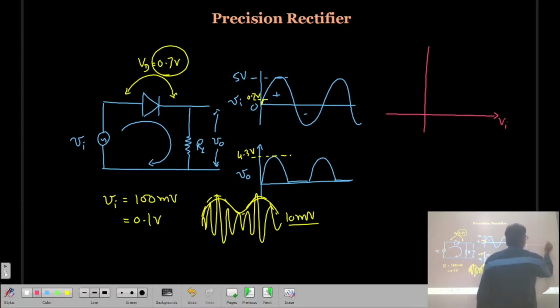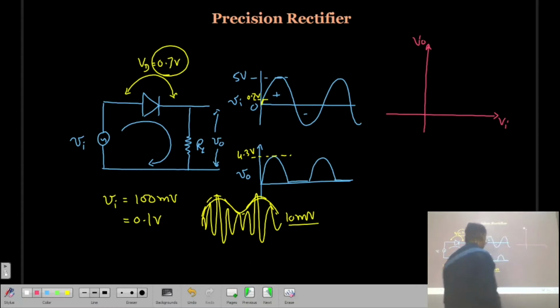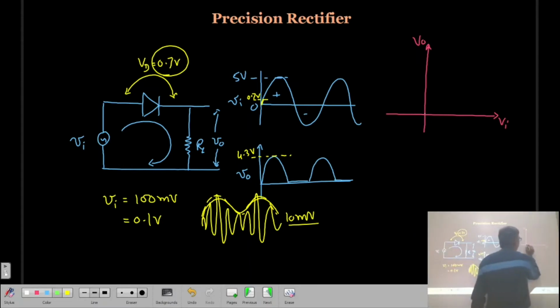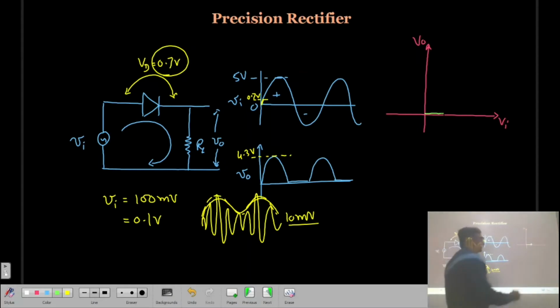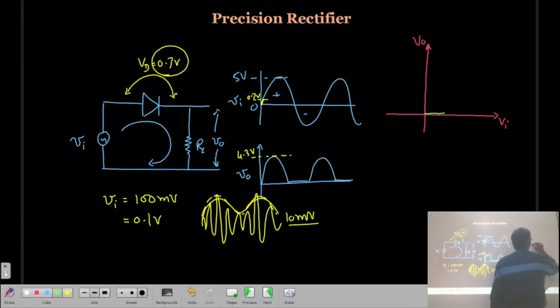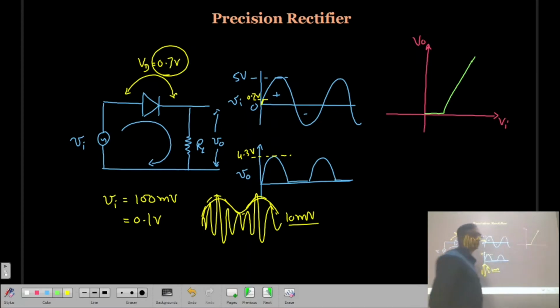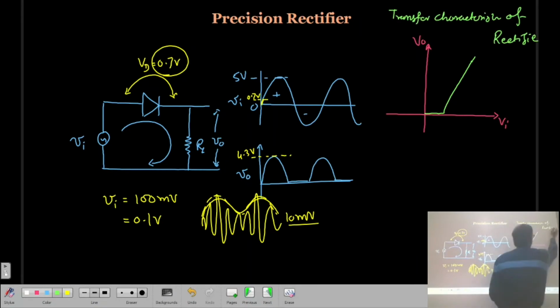We have the input voltage here, and the output voltage here. If the input voltage is up to 0.7, then it is not going to conduct, and thereafter the conduction will start. This is the transfer characteristics of the rectifier. And here this cut-in voltage is 0.7 volt.